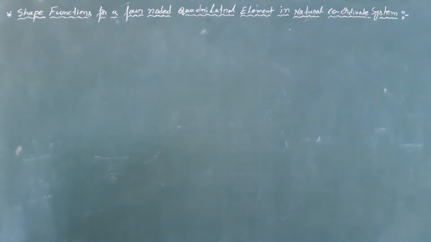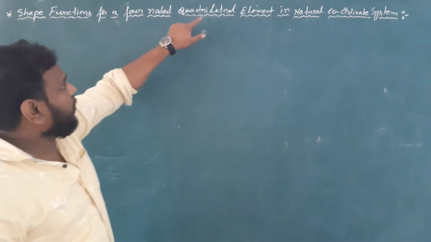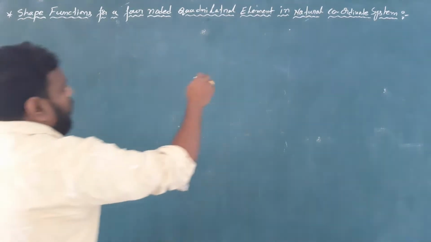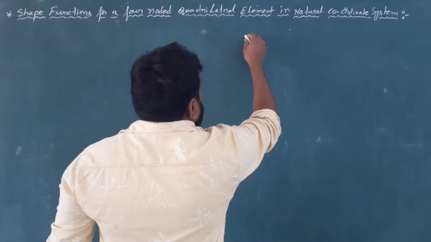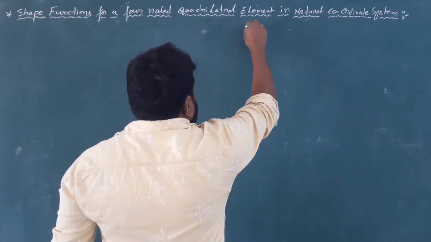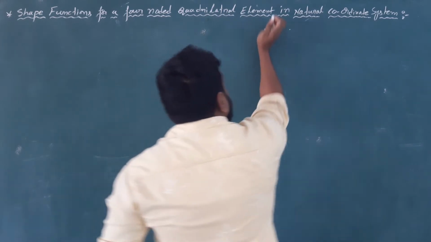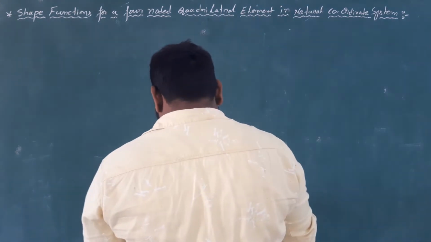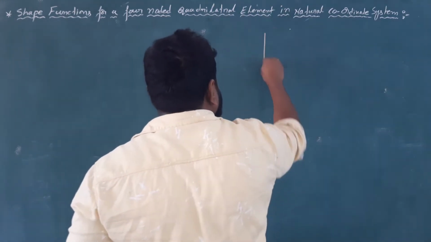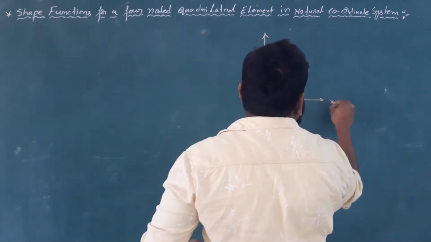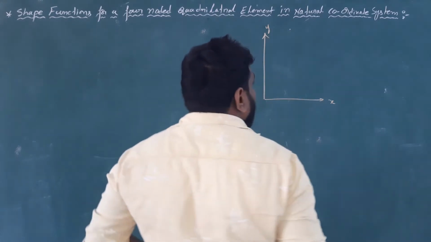What is the four-noded quadrilateral element? Here I have a graph of the quadrilateral element. This is the y-axis and this is the x-axis.